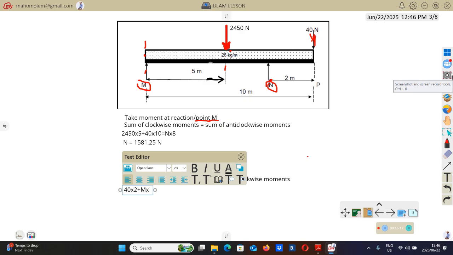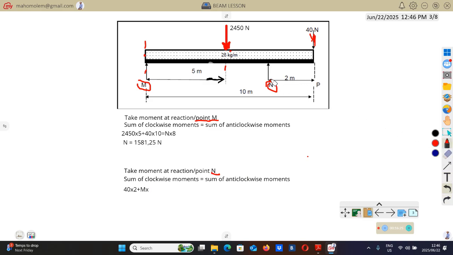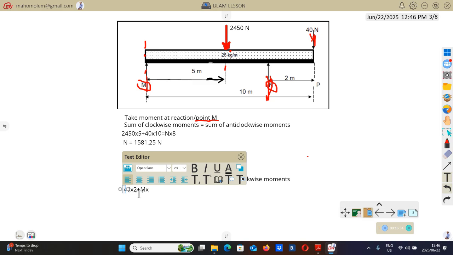Multiplied by the distance from N to M, which is the very same distance that we've seen before. From here to there is 8. So you multiply this by 8. Then that's all for the clockwise moments.